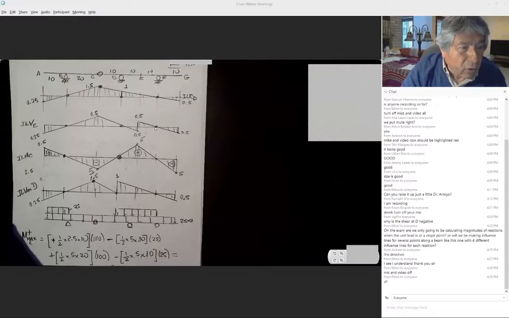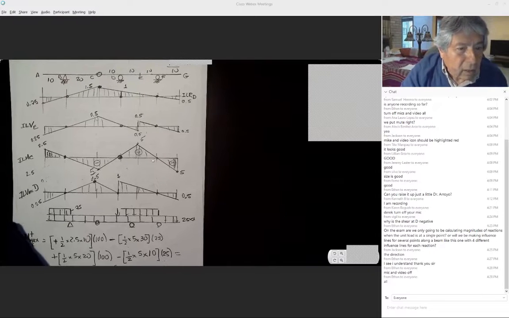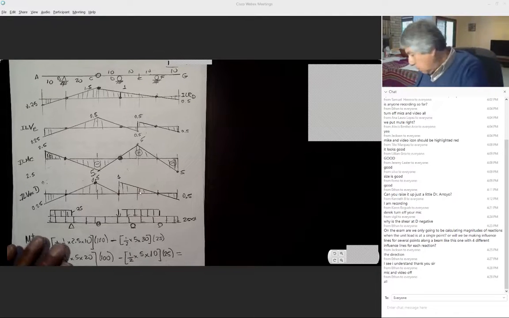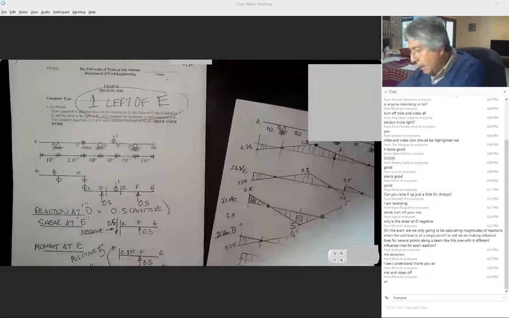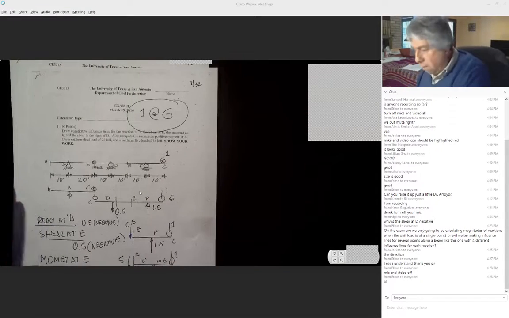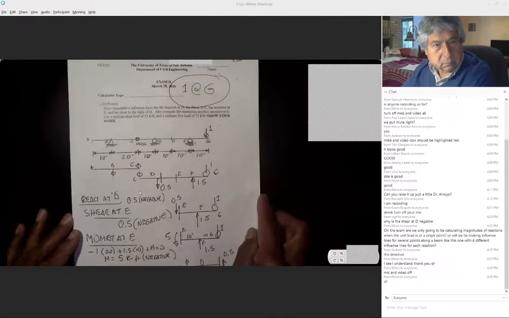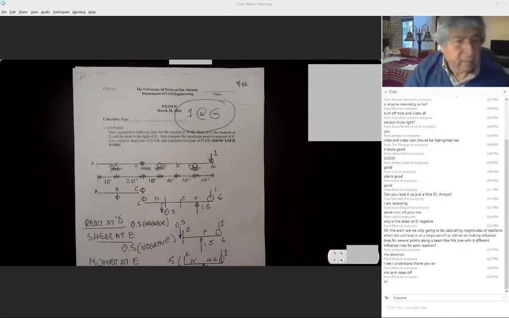At this location, the shear is 0, 0, 0. So always whenever we have this support, if we are not computing the reaction at F, everything else is going to be equal. So the next page that I have is one at G. And this is page 9.